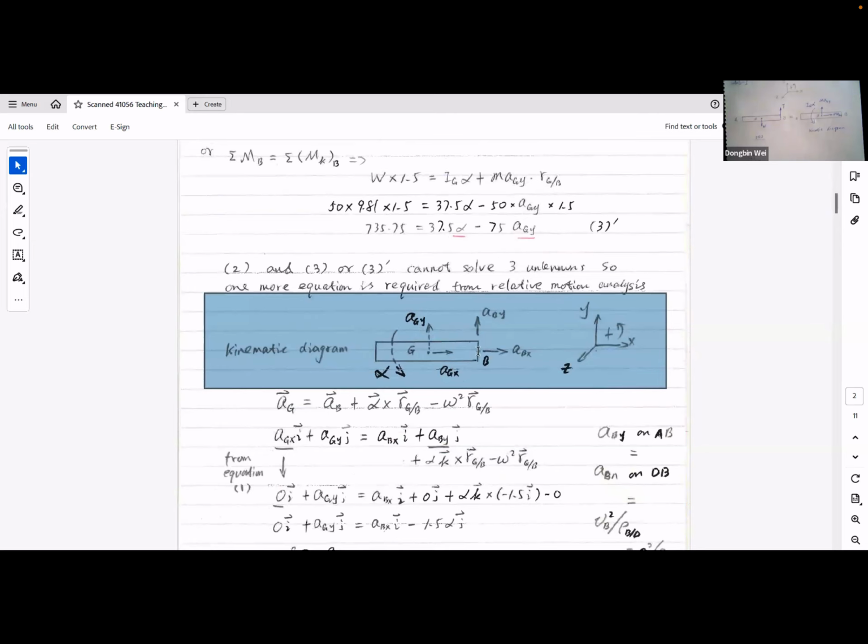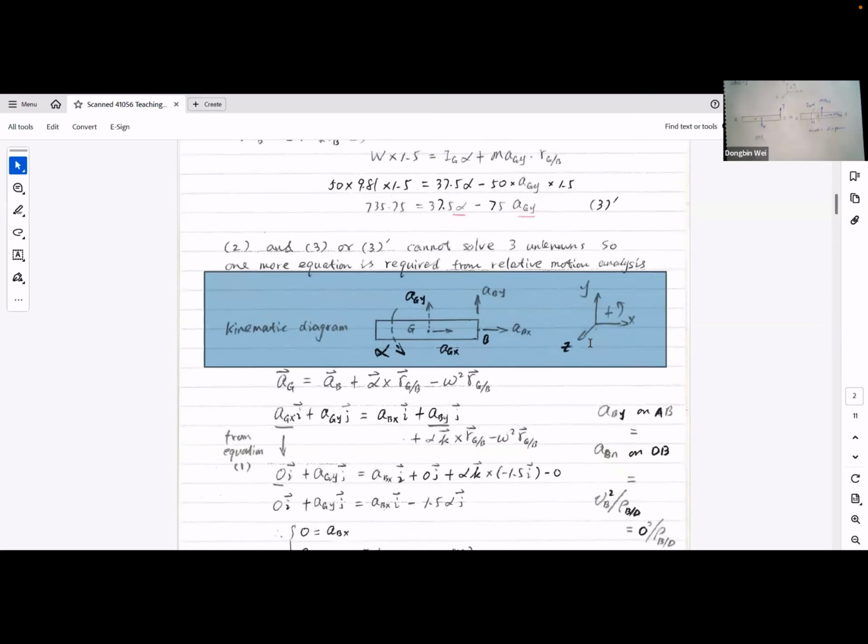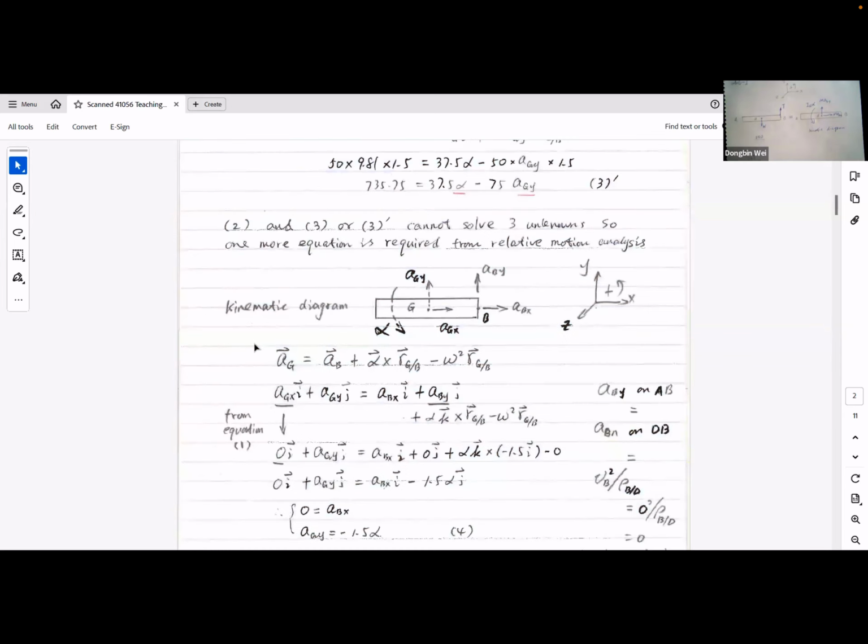Okay, now for another point, point B is unknown. And in this diagram, we still can assume these 2 are positive. Okay, and again, for the coordinate system, it's still the X, Y coordinate system, and we define counterclockwise as a positive direction.